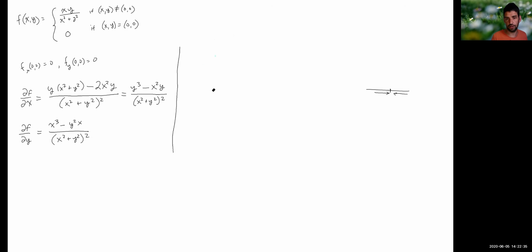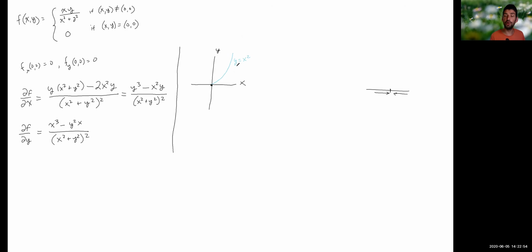So again, I'll just draw the xy plane in our normal orientation. Here's x and y, and here's the origin. I'm going to approach along the curve y equals x squared.